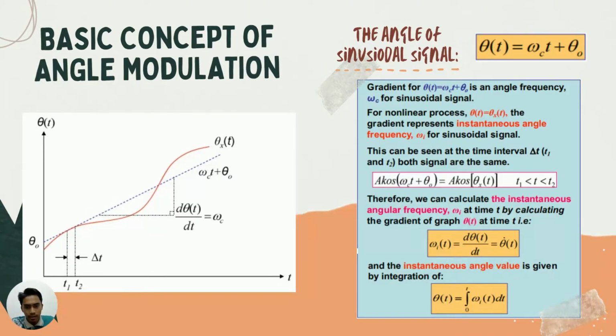We can calculate the instantaneous angular frequency omega_i at time t by calculating the gradient of the graph of theta(t) at that time, and the instantaneous angle value is given by the integration of omega_i(t) dt.